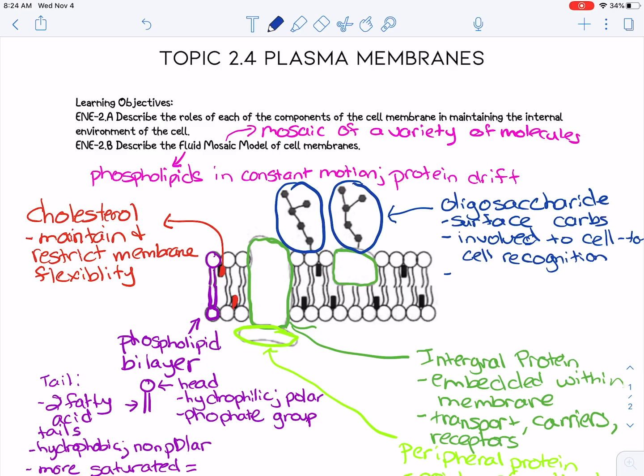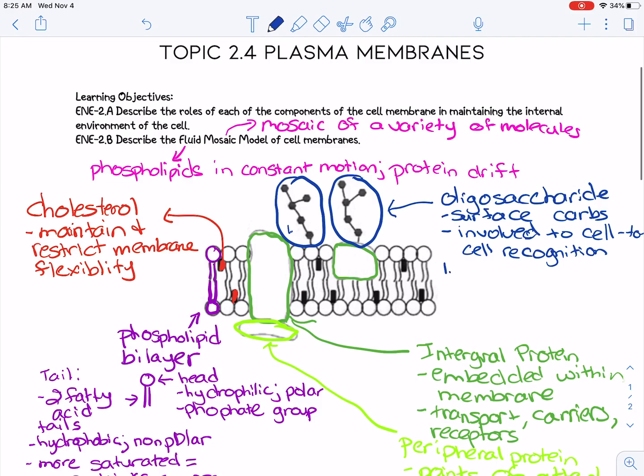There's actually two kinds, and we can see them here. This first one, I'll put a 1 next to it, and then I'm going to write a 1 right here. Number 1 is a glycolipid, that's the sugar part, lipid. You can see it's attached to a phospholipid, so it's attached to a lipid.